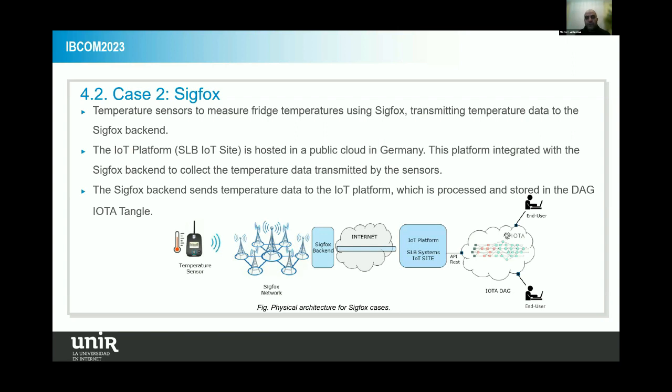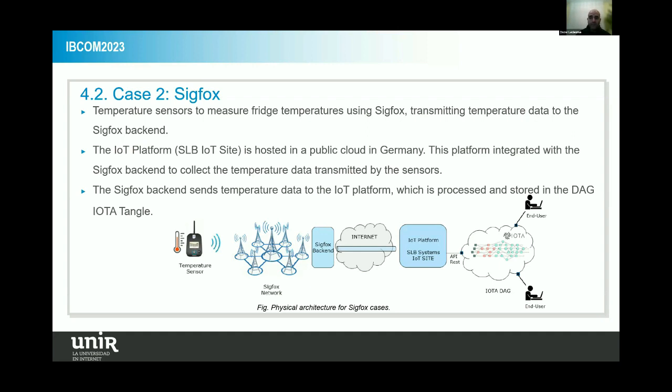This platform integrated with the Sigfox backend to collect the temperature data transmitted by the sensor using Sigfox connectivity. Similar to the LoRaWAN case, the IoT platform processed and immediately uploaded the data to the DAG for real-time updates.